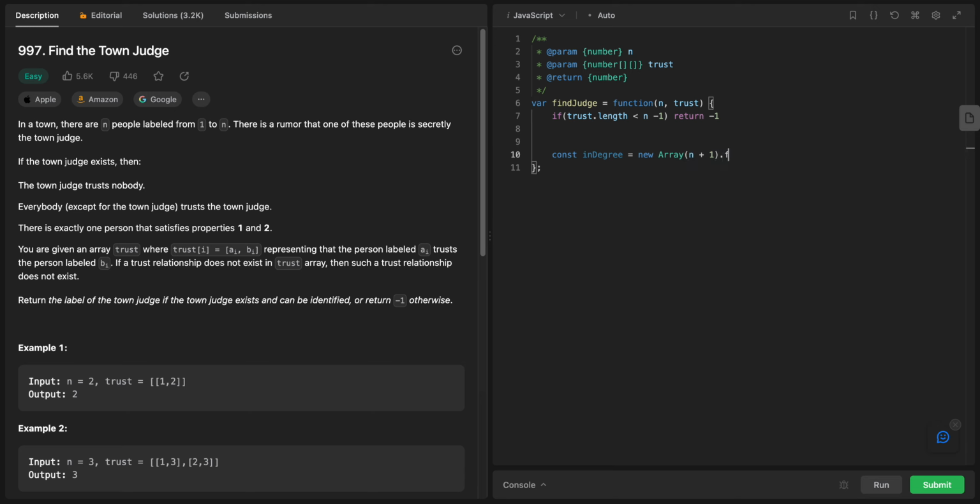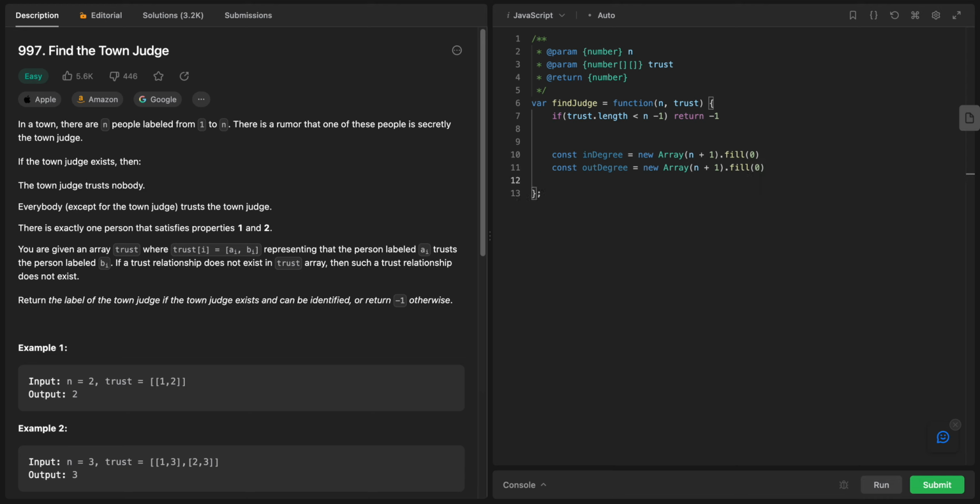And out degree will also be the same. So we have these two arrays, and these two arrays have the numbers of n people basically.